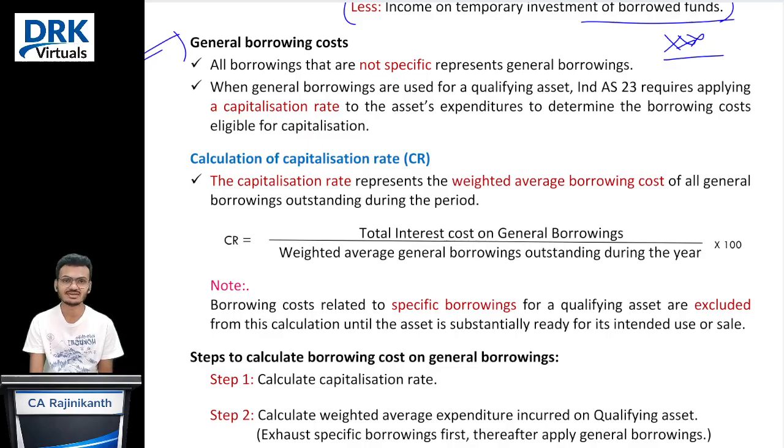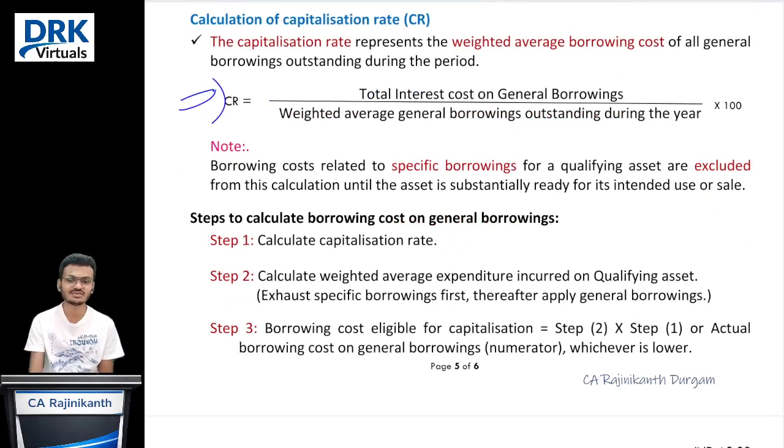That is our discussion. The standard is saying that you first calculate the capitalization rate. Capitalization rate means what? You take the total interest cost on general borrowings. We should not consider interest on specific borrowings in these calculations. You take the total interest cost on general borrowings and divide that amount by the weighted average general borrowings outstanding during the period. Suppose any borrowing is outstanding throughout the period, that borrowing amount into 12 by 12.